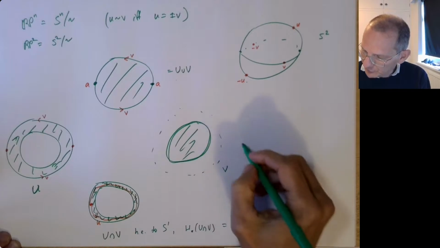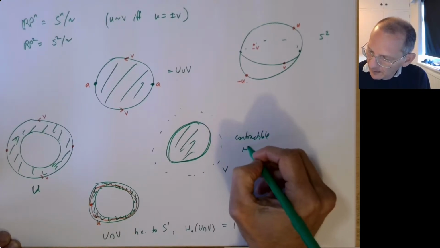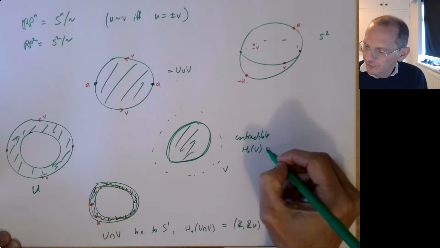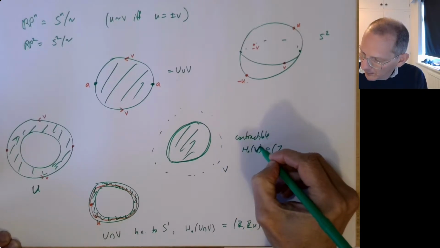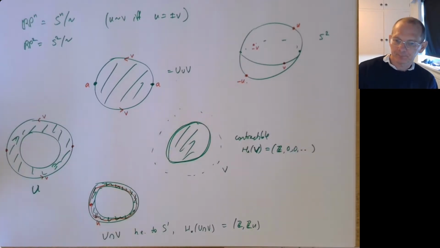And then V is contractible, so the homology of V is just a Z in degree 0 and nothing else.